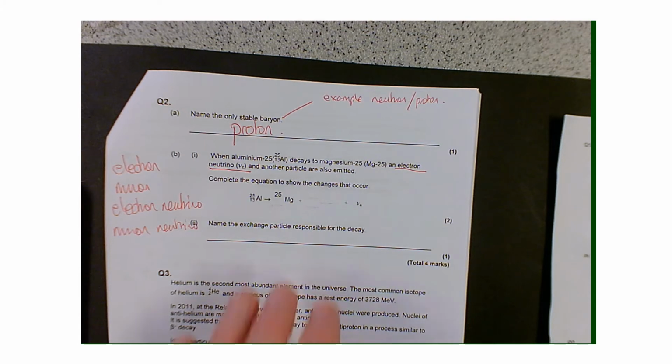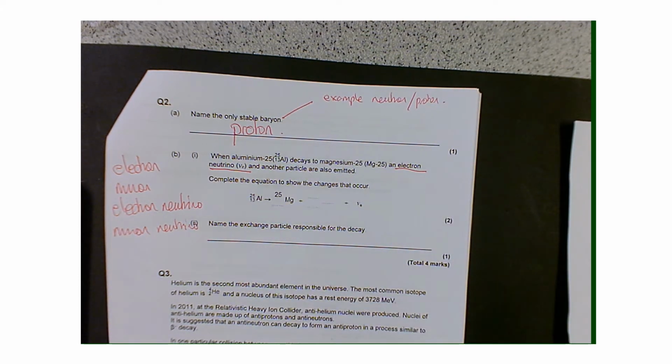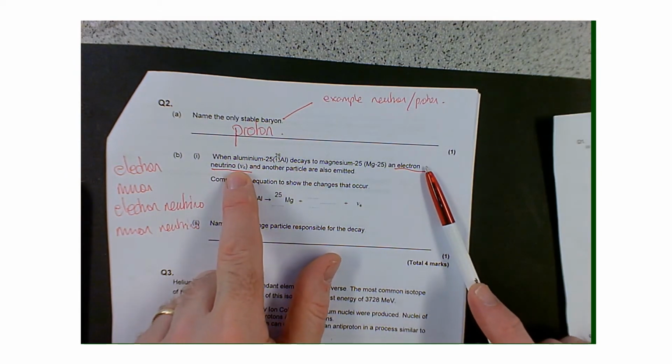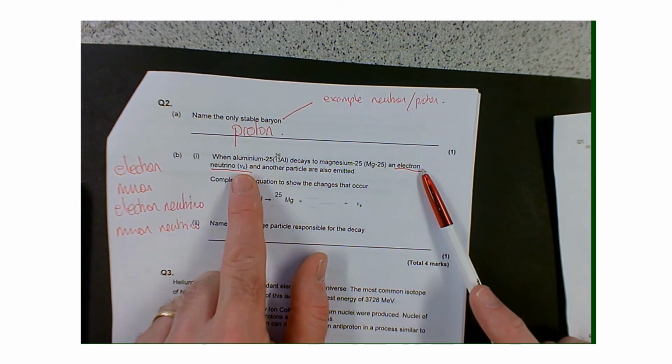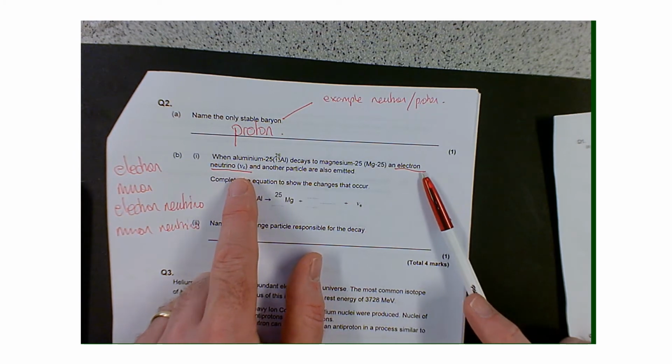Now the reason why I'm saying all this is because it tells us that an electron neutrino is produced. If we have an electron neutrino produced and another particle, is this electron neutrino the matter or antimatter version of the electron neutrino? Is this an antimatter particle or a matter particle? Darrell, what would you say? It's a matter particle, right?